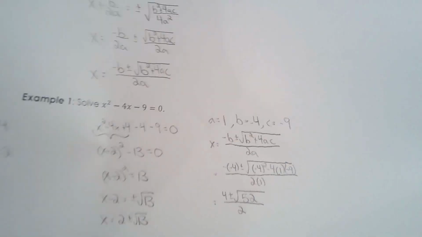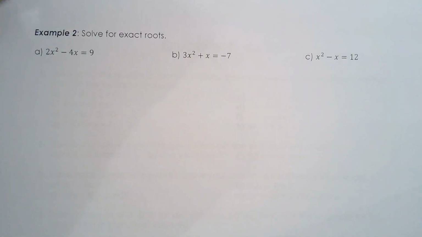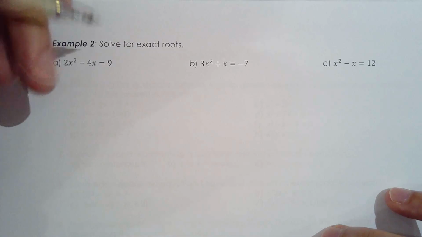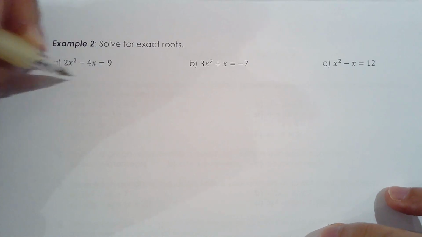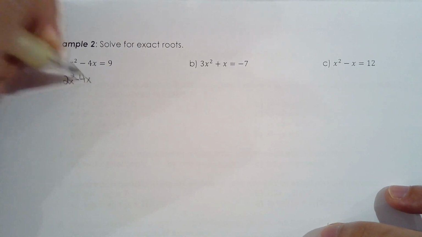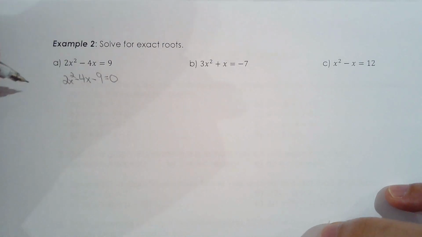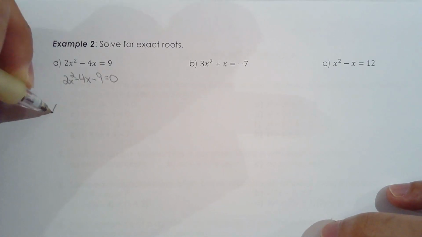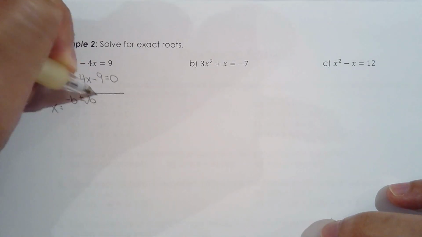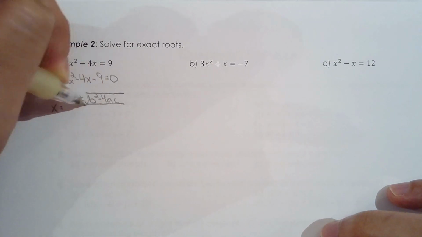Okay, so let's practice our skill of using the quadratic formula and solving for the roots. Always set it equal to 0, right? Because otherwise you can't use the quadratic formula. So x equals negative b plus or minus square root of b squared minus 4ac, all over 2a.